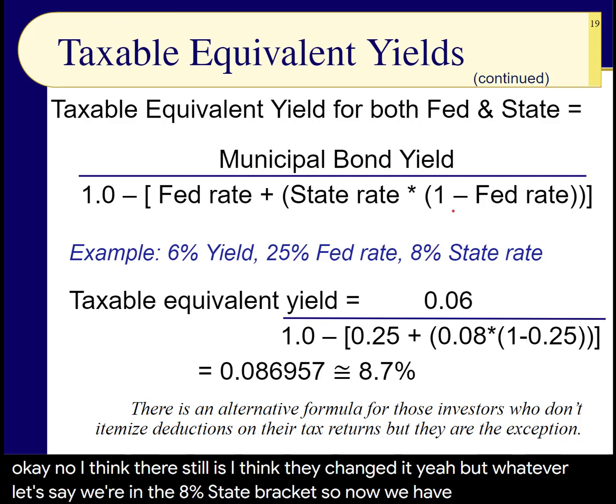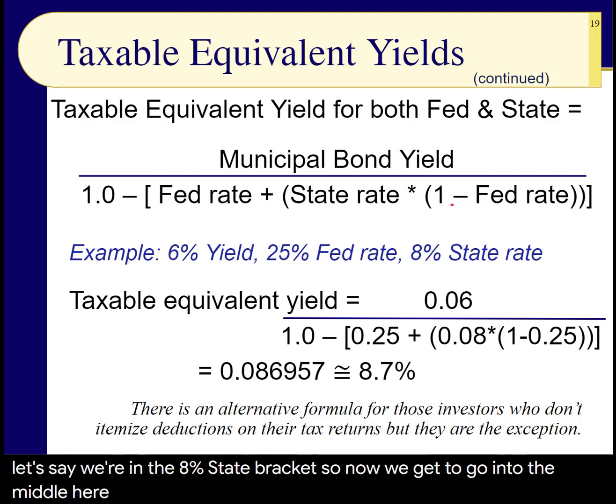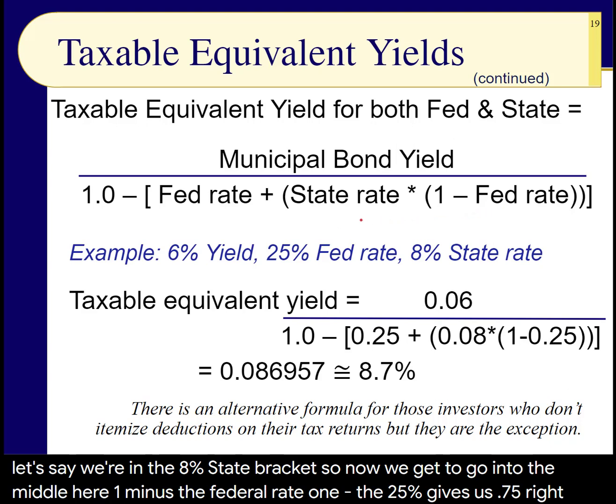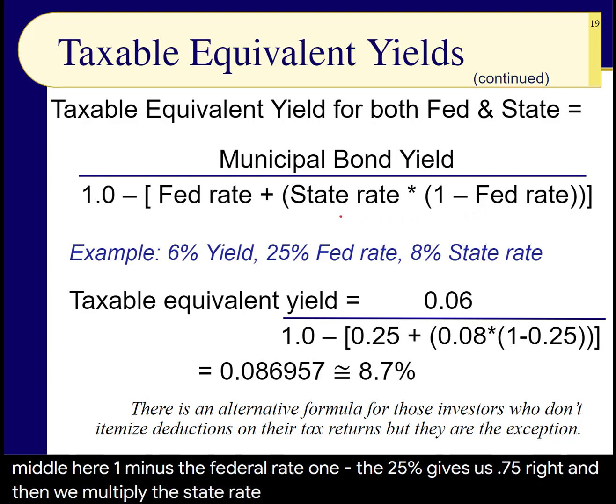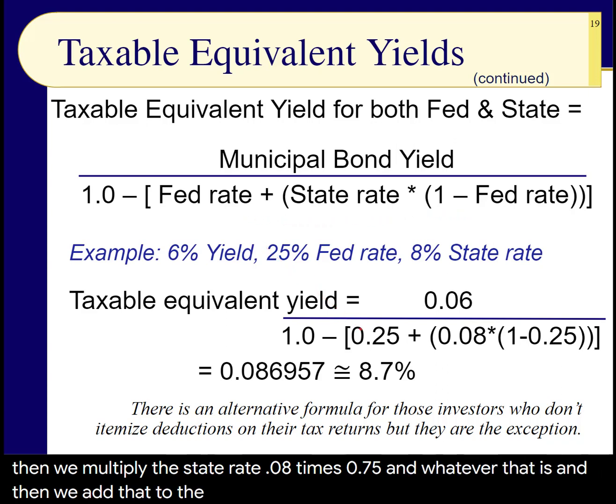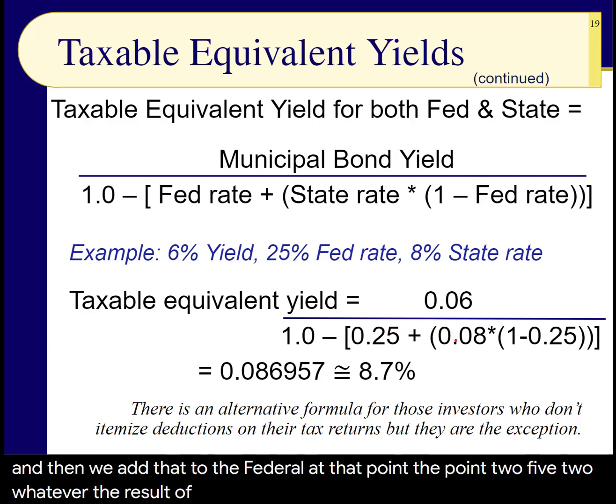So now we have to go into the middle here. 1 minus the federal rate, 1 minus the 25% gives us 0.75, right? And then we multiply the state rate, 0.08 times 0.75, and whatever that is. And then we add that to the federal. Add that point 0.25 to whatever the result of 0.08 times 0.75 is.